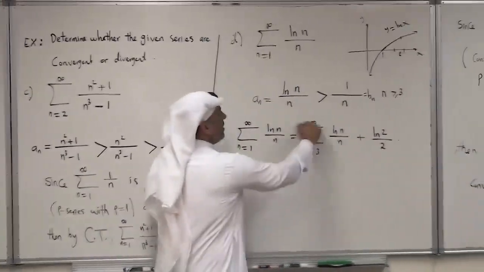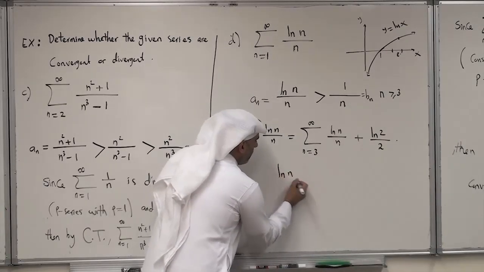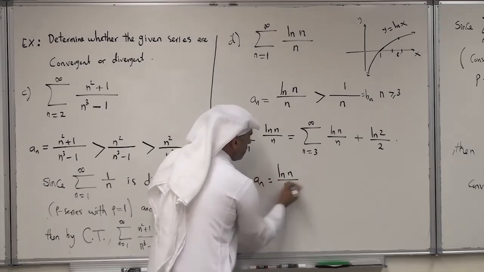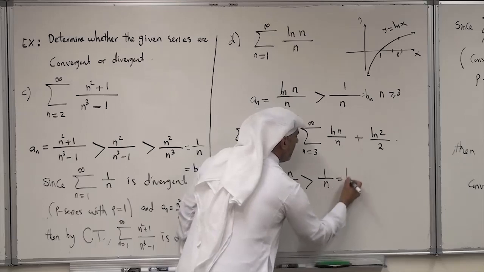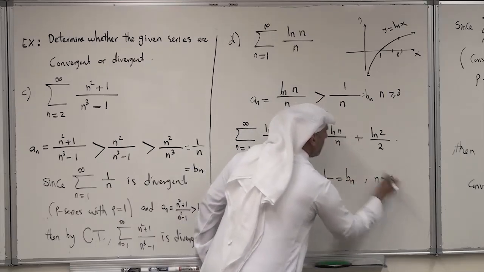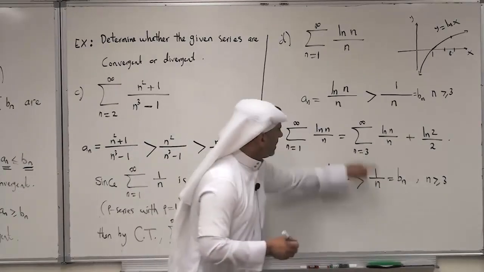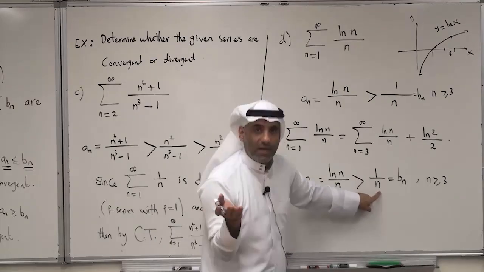So what can we say about the series from n equal to 3 up to infinity of ln of n over n? You can now compare it with 1 over n. As we said, this is an, and it's always greater than 1 over n, which is equal to bn. This is true for n greater than or equal to 3. Now, what can we say about the series 1 over n? The series of 1 over n for n equal to 3 to infinity is divergent.